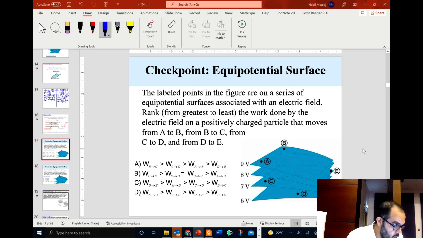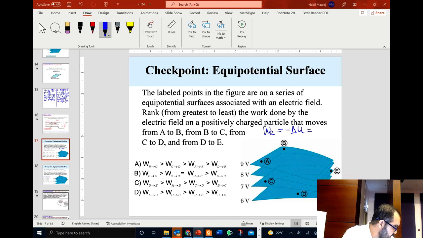What did we say about the work due to the electric field, or due to the electrostatic force? We said W is equal to minus delta U. We said the change in electric potential energy is equal to minus the work, or vice versa. So what is minus delta U?